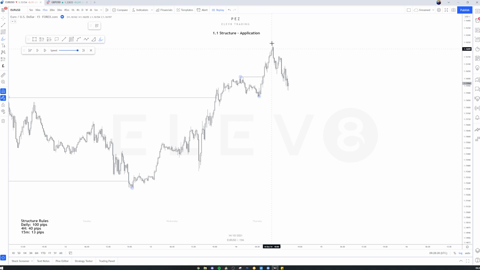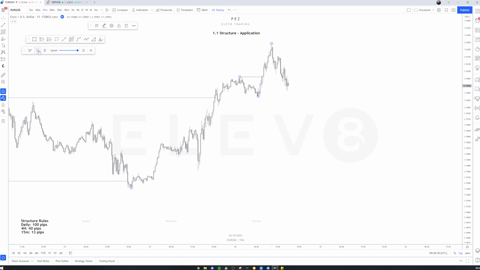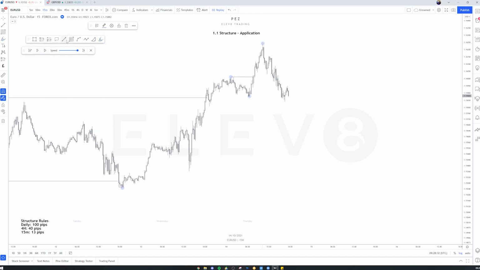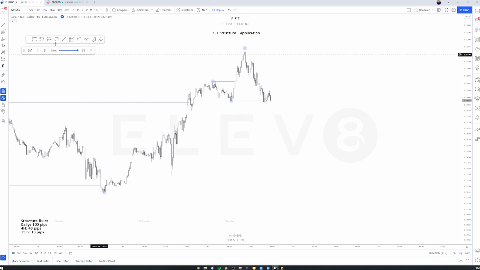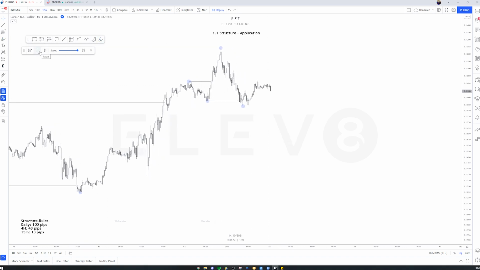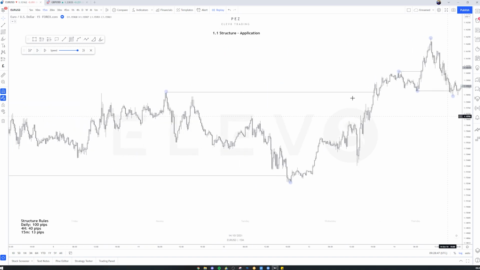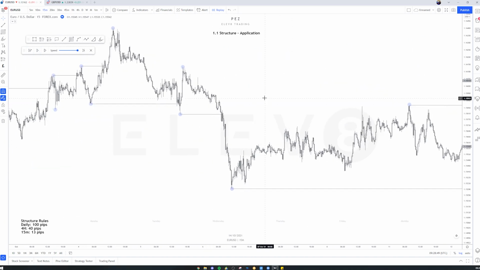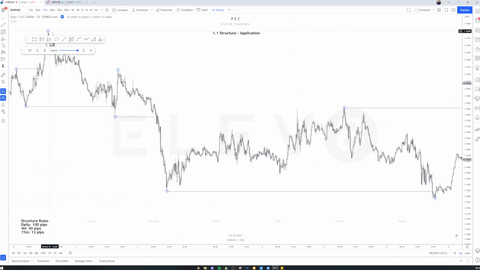Then we get a pullback. Then we break below, so we're now back to bearish. Then we got another pullback. And you can see it's the same thing again, just mapping structure following the swing points.